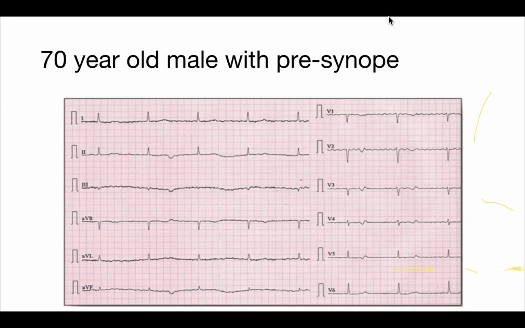Flutter can degenerate into fibrillation, but it cannot be there in the same ECG, meaning fibrillation in one lead and flutter in another. Remember this simple rule: if it is atrial flutter, the maximum rate of the flutter waves is 300 per minute. 300 per minute means in a large square, how many flutter waves can you see? It's just one, because there are 300 large squares per minute.